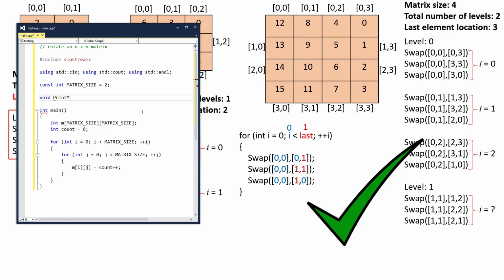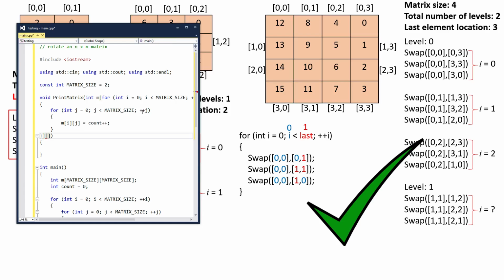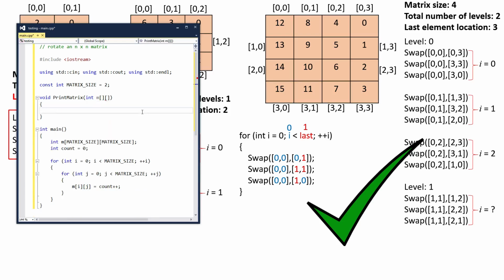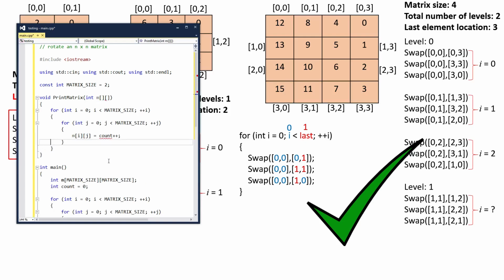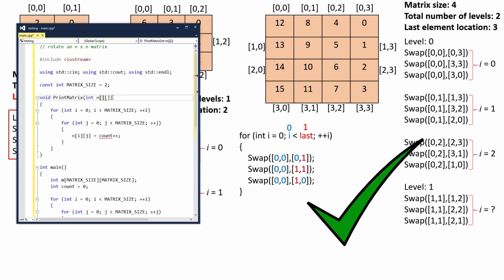We'll call it print matrix. So we're going to use it to print, and we are going to give it that. We'll put that in here because printing and setting up the matrix is pretty much the same. But that's not what I was trying to do.